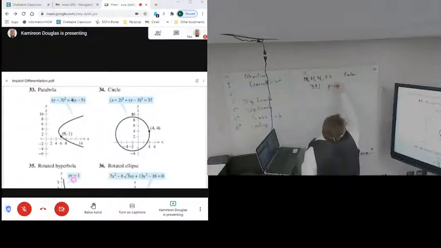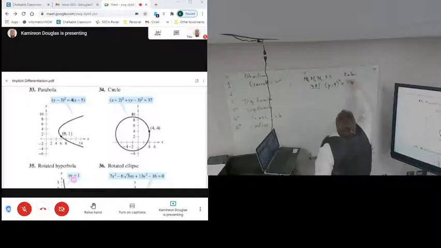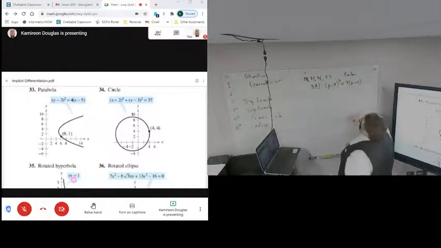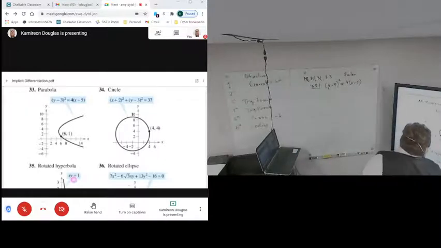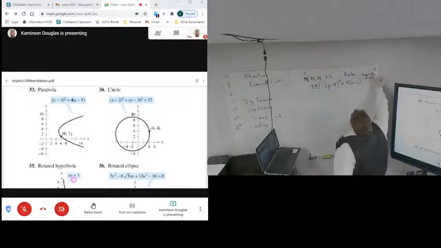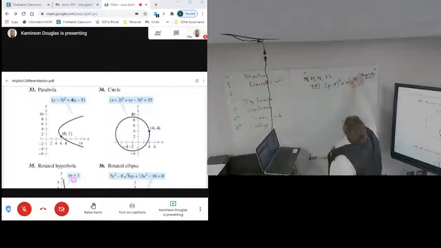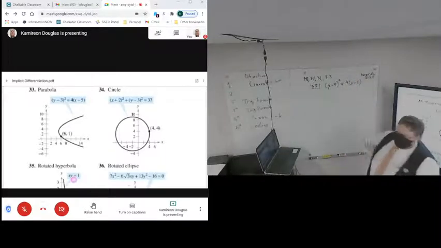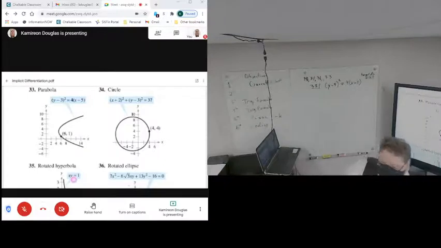All right, (y minus 3) squared equals 4x minus 5. Okay, 33 is an example, so we want the tangent line at (6, 1). 33 is an example of one where we could, in theory, solve for y.